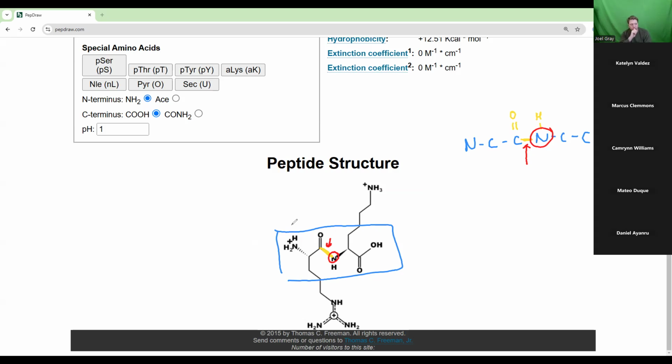Now, my next question is, I'll start broadly. Underneath the words peptide structure, do you see any other nitrogens? Does anyone see any other nitrogens? So underneath here, do we have other nitrogens? We do.